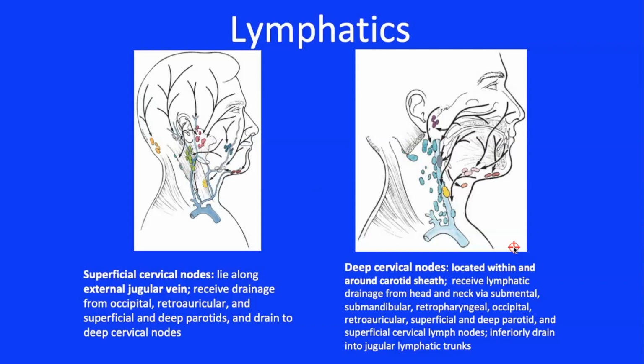Understand that anything that drains to the superficial lymph nodes will ultimately drain to the deep lymph nodes, and the vast lymph drainage of the neck may account for why so many tumors can ultimately metastasize to the neck. One of the reasons for why neck anatomy is of such clinical relevance, as mentioned at the beginning of this lecture.